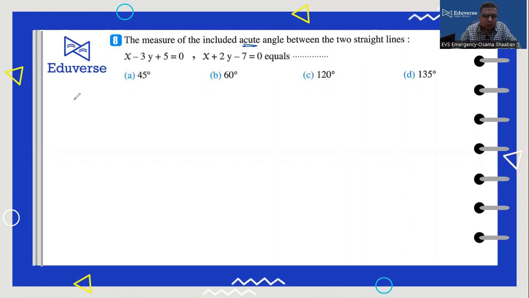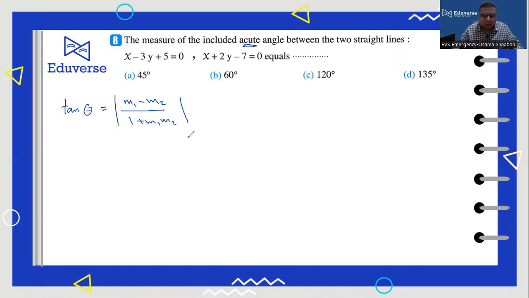You remember the rule of the included angle, which is tan theta equals m1 minus m2 over 1 plus m1 m2. Yes, this is our rule.